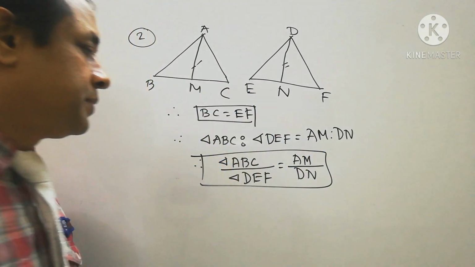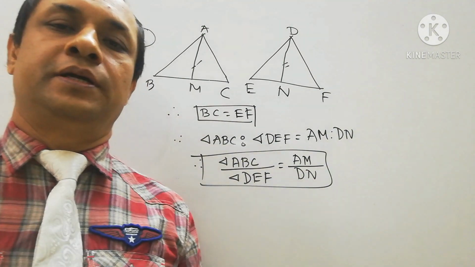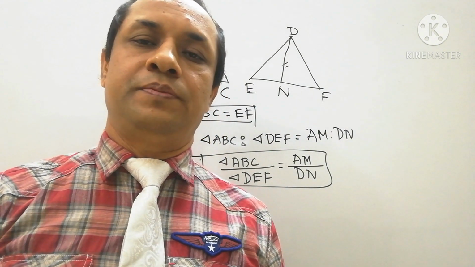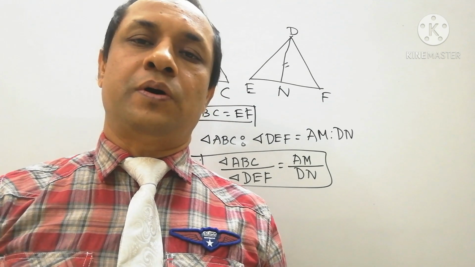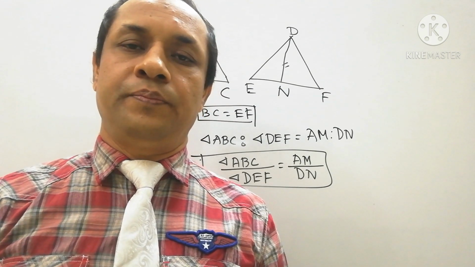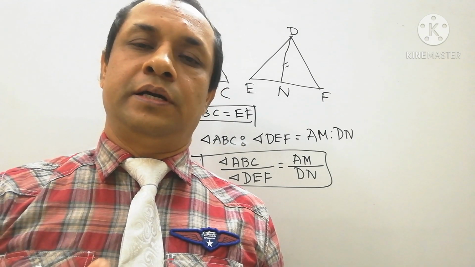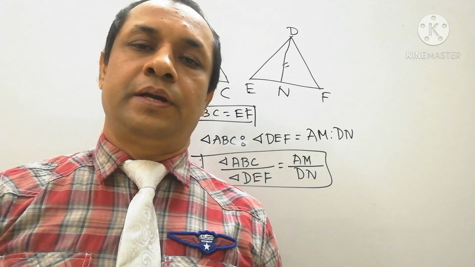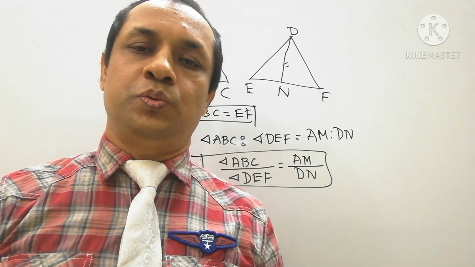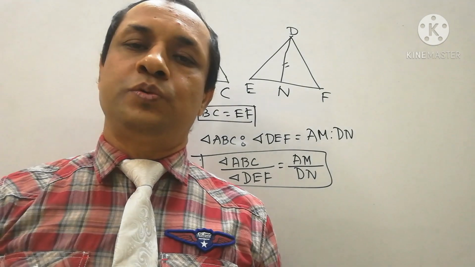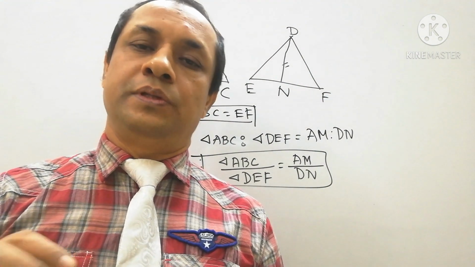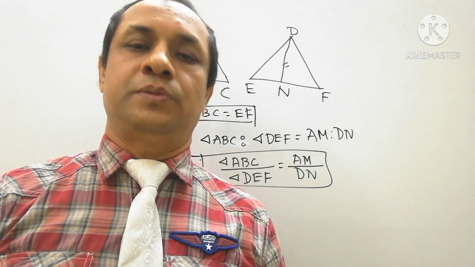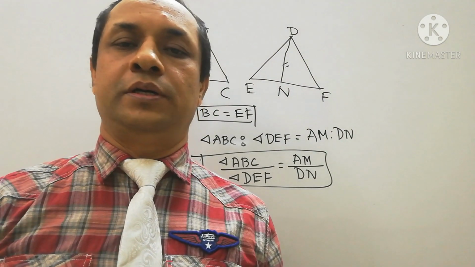I hope that you are clear. I say again: first concept, if the heights of two triangles are equal, their bases and areas are proportional. And concept number 2, if the bases of two triangles are equal, their heights and areas are proportional.